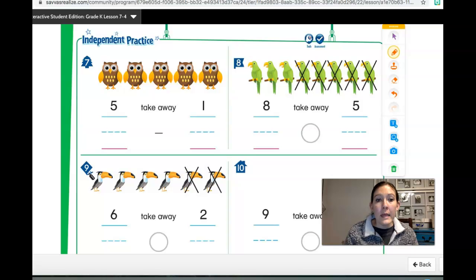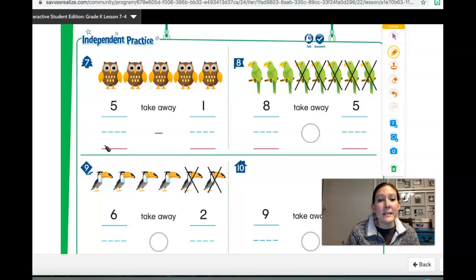Pause the video and write a math phrase that matches the picture. Don't let this paper fool you. Be sure to check and see if you need to X any out or if they are X'd out for you. Pause and then push play when you have number 7, 8, and 9 all done. And then come back and push play and we'll check our work together.